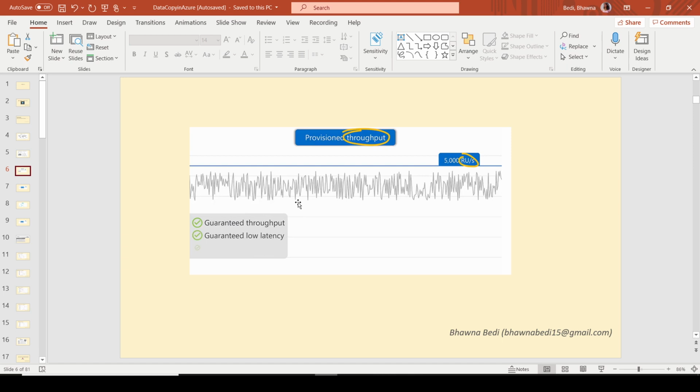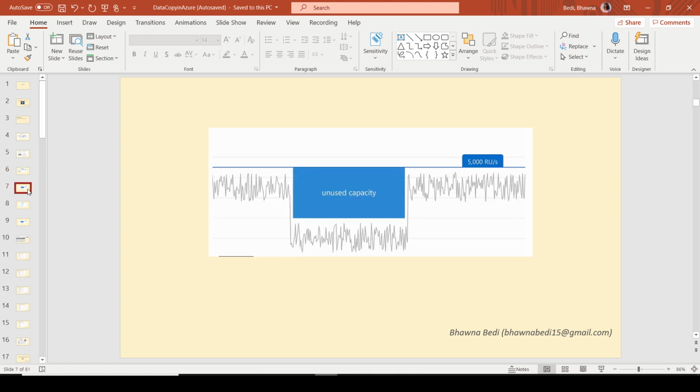But in case, let's say, at some point of time, the data throughput is not that much. So in that case, since you have defined 5000 RUs already, you will be left with a lot of unused capacity because you will be paying for 5000 RUs, but you are not utilizing 5000 RUs, right? So that is something called your provisioned throughput.